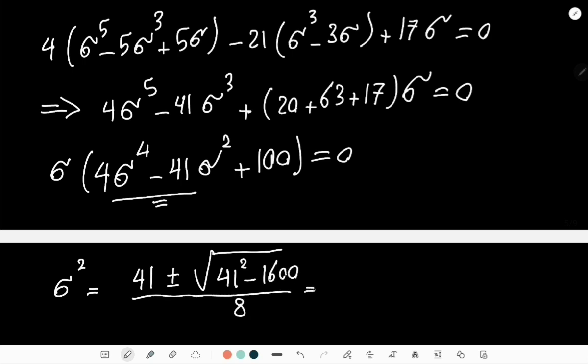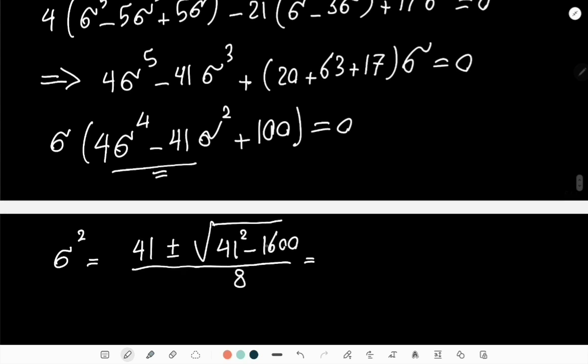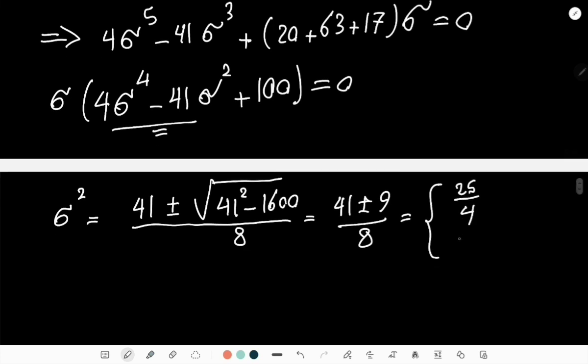The number under the square root is 81, and the square root of 81 is 9, so it is 41 plus minus 9 over 8, which gives me 50 over 8, or 25 over 4, or 32 over 8, which is just 4.